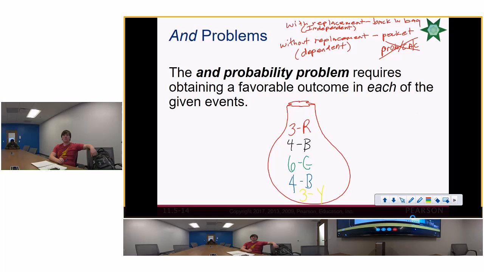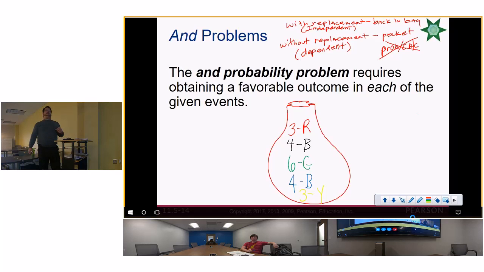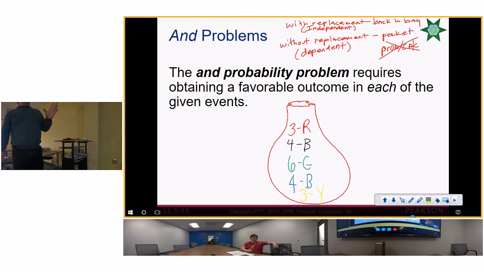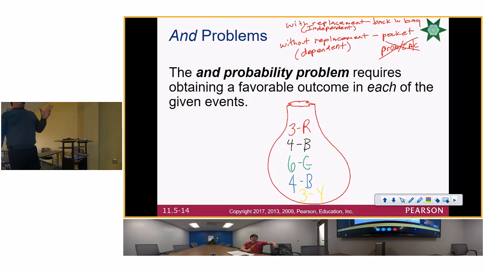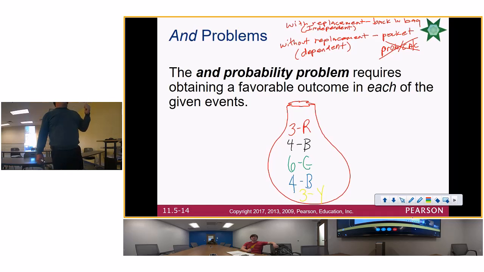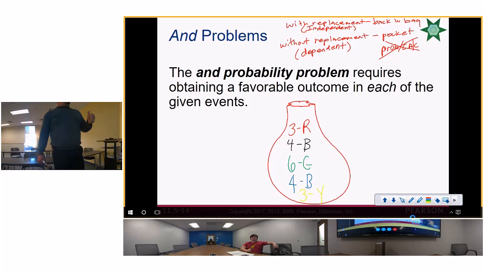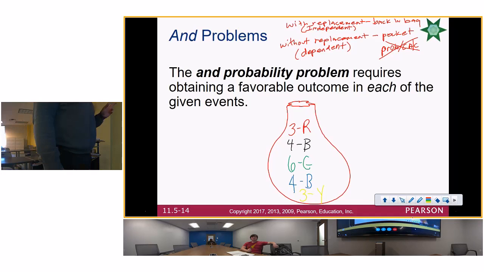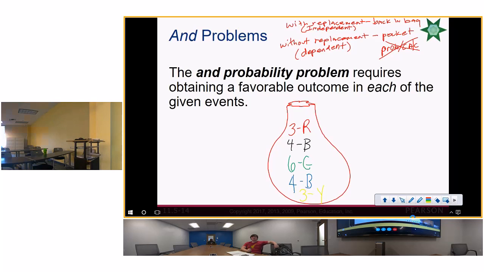Okay? So, let's take, for example, if I pick 3 times, what is the probability that I will get all 3 red marbles? Okay, there's 2 ways to do it, with replacement and without replacement.